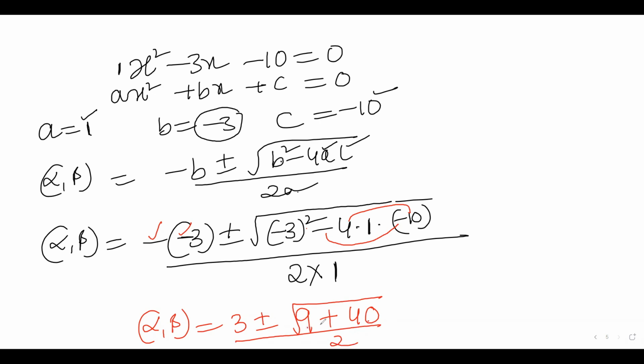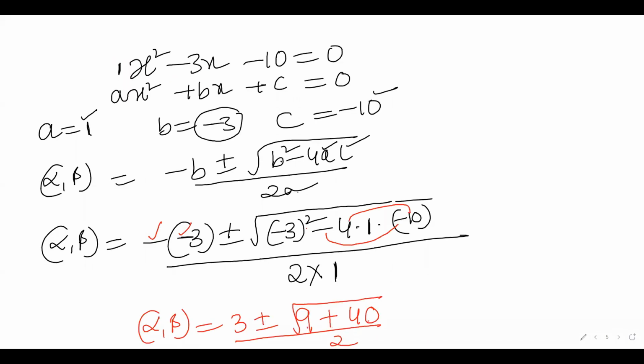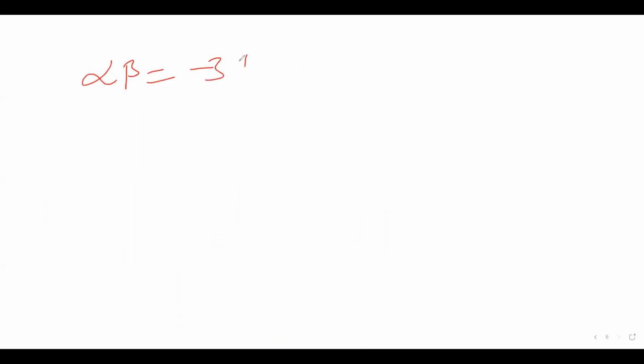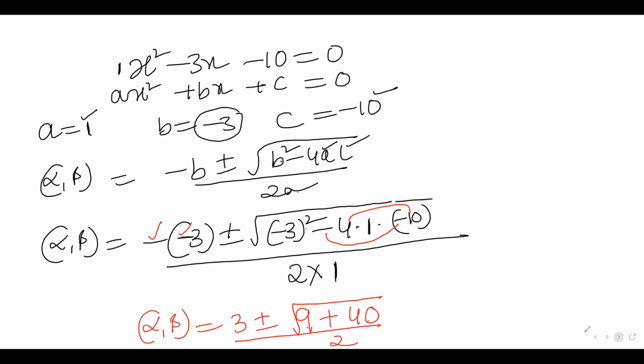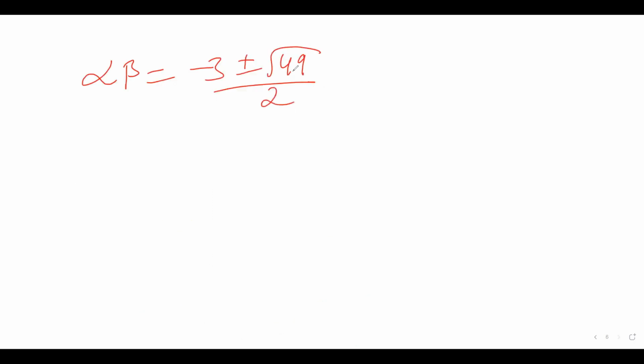What is 40 plus 9? 49. Alpha beta is equal to minus 3 plus or minus root 49 by 2. What is square root of 49? 7.